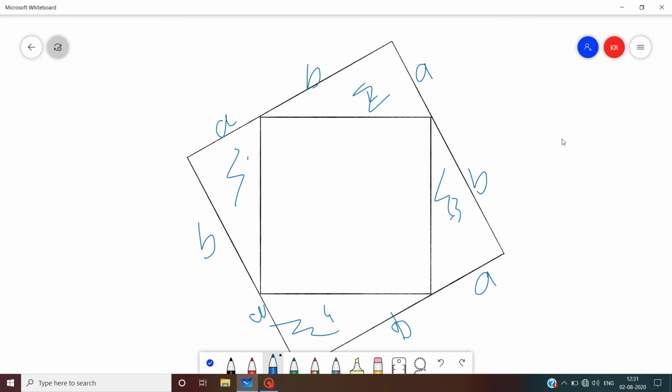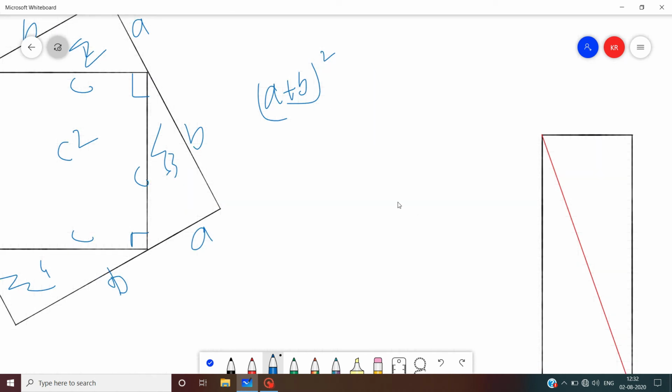So the area of the square will be (a plus b) whole square, right? So what is the third side of this triangle? c, c, c and c. So these are perpendicular, right? So then this is a square with side length c. Then the remaining area is c square, right?